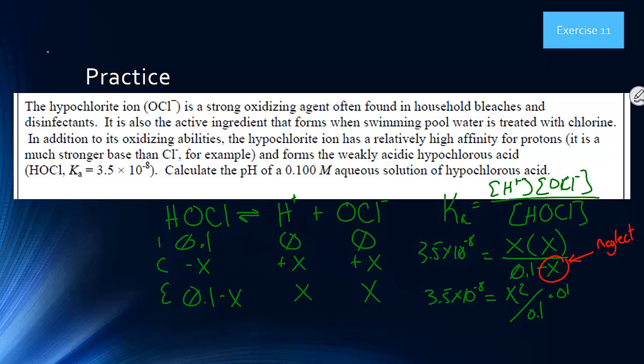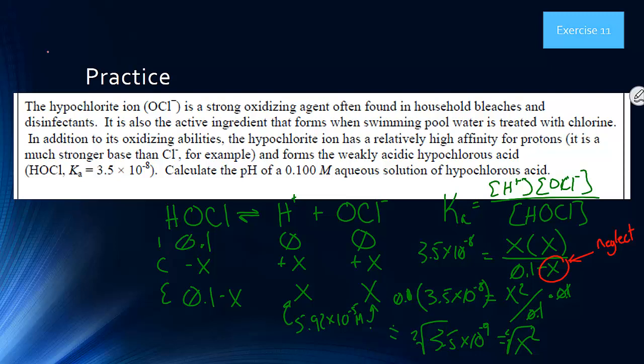So if we multiply by 0.1 on both sides, we get x squared equals 3.5 times 10 to the minus 9th. Take the square root of both sides and that gives us x equals 5.92 times 10 to the minus 5th molar.